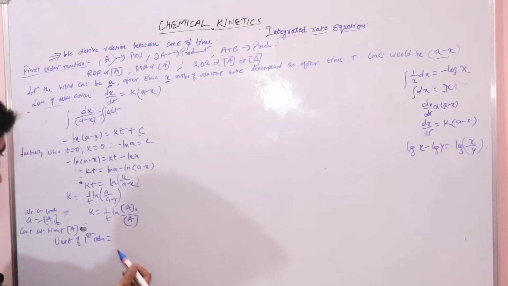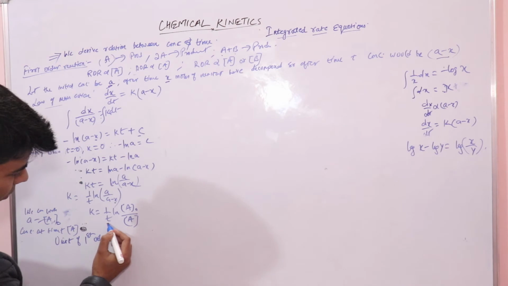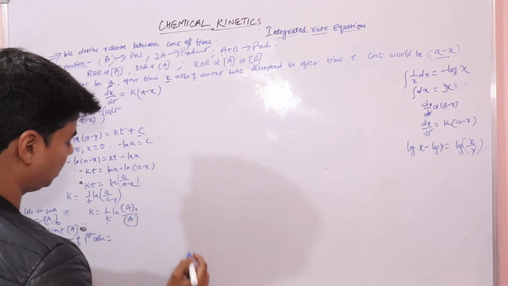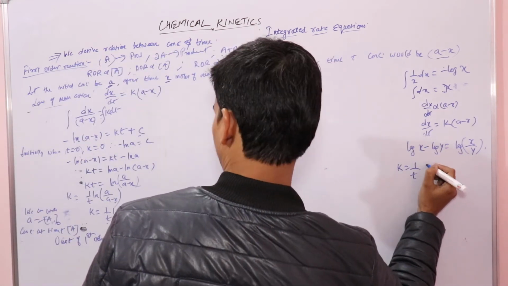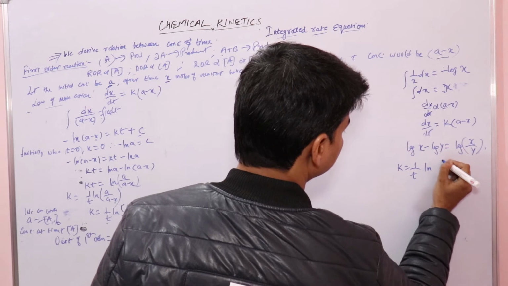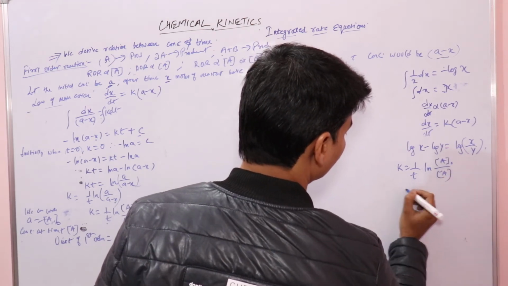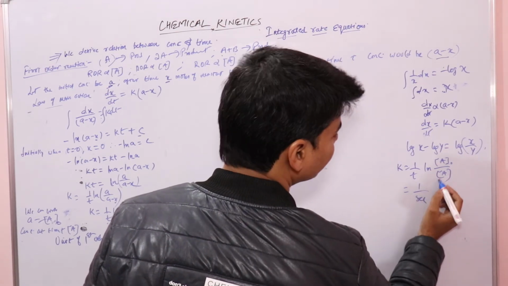So concentration upon concentration will cancel each other. We have here T, right? So I'll just write it here. It's like this: K is equal to 1 upon T, equal to, this is like 1 upon sec, right?